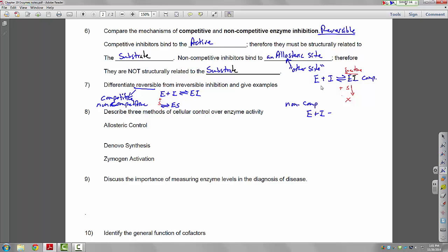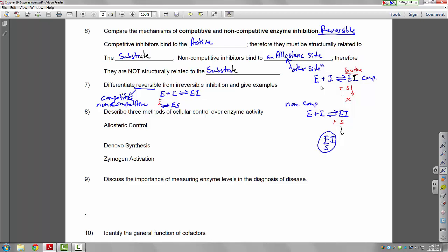But in the V-type, what happens is you get this enzyme inhibitor complex, right, and that's reversible as well. But you could also add the substrate here, and you could have the enzyme binding to the inhibitor, and then also binding the substrate.